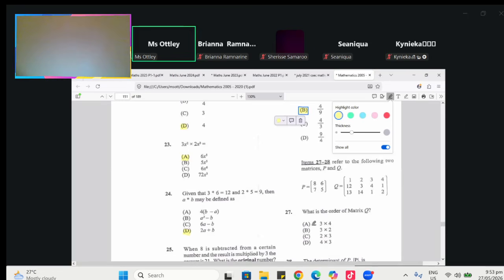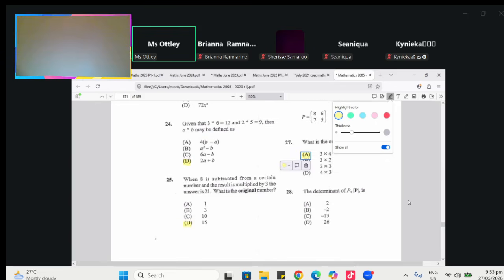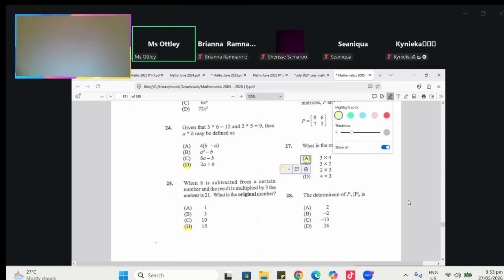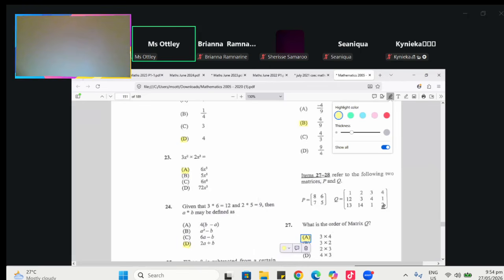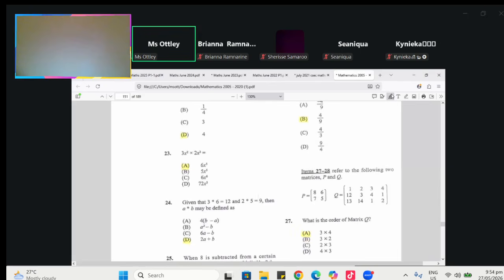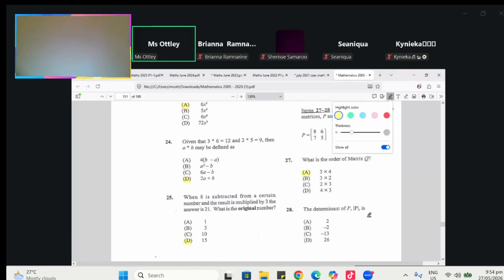It's a 3x4 matrix. 3 rows going across, 4 columns coming down. The determinant of P is -2. That is B.